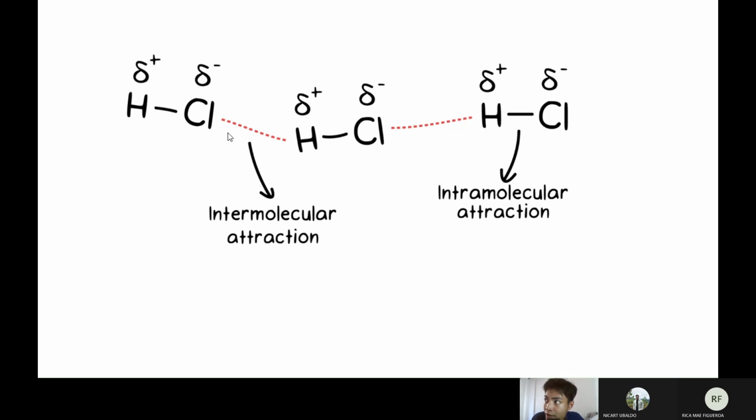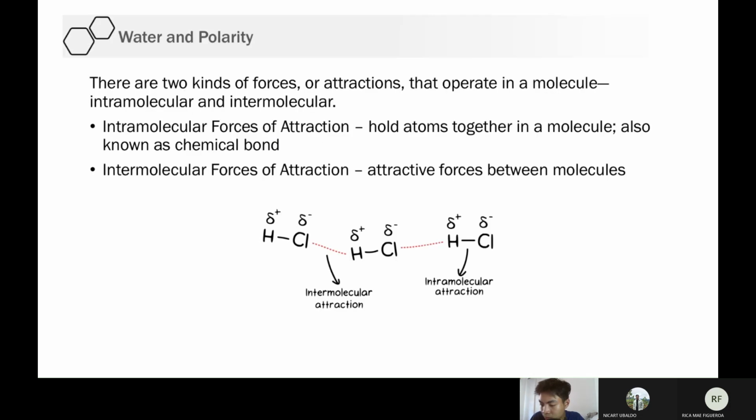However, it is also possible that one molecule could be attracted to the other molecule, and we call that the intermolecular forces of attraction. Ano-ano yung mga uri ng intermolecular forces of attraction? We have the dipole, the ion dipole, the hydrogen bonding, and the London dispersion forces. Hopefully naalala nyo pa yun.